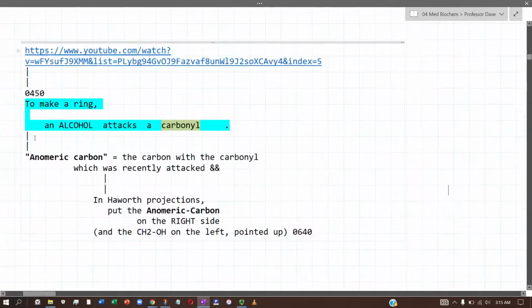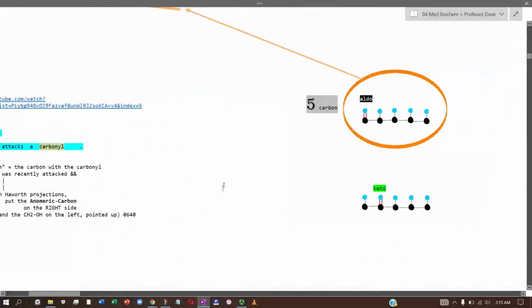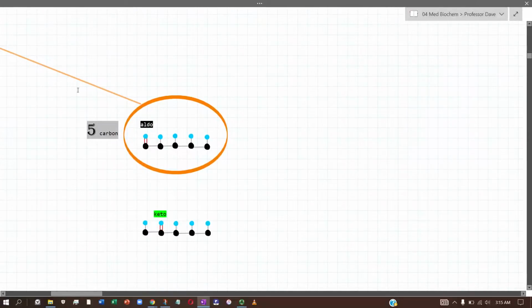And here's something important. The anomeric carbon is the carbon with the carbonyl which was recently attacked. And moving forward, not much information here, or at least not yet. We'll come back to that.